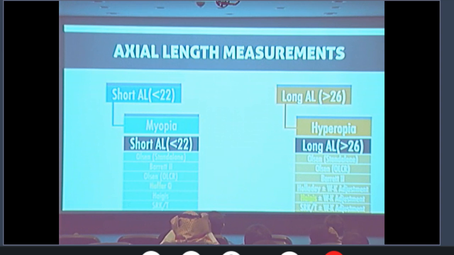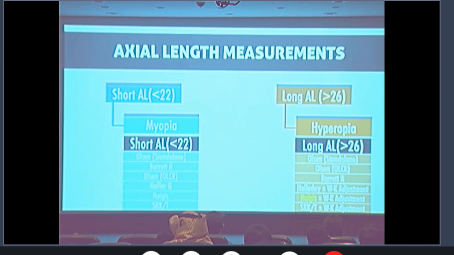Hoffer Q now is ranked as number 4, okay, in such axial length. And in long axial length, Haigis ranked number 5, if you also add the Wang-Koch adjustment. But for me, I'm using Barrett for all of them. Olsen, you can use it only on Lenstar, or you can buy it on your computer. So I don't have Olsen, I'm using Barrett.